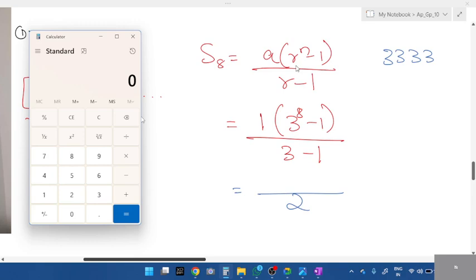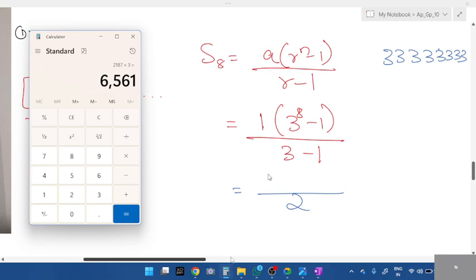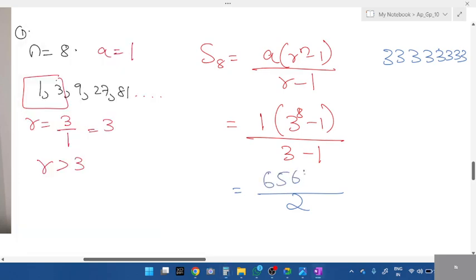Look here, all of you look at the screen. 3 8 times. 3, not 3 into 8. It is 3 8 times. 3 into 3, 2, 3, 4, 5, 6, 7, 8. So if you multiply 3 8 times, like this, the answer is 6561 minus 1. That is equal to 6560 divided by 2.